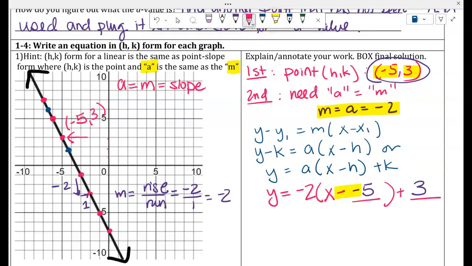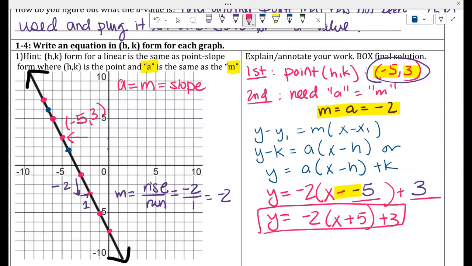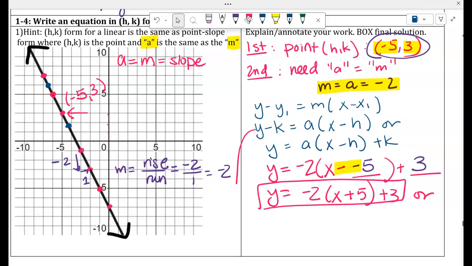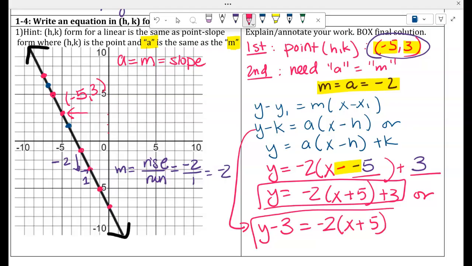So your final answer is going to be y equals -2 times x plus 5, and then plus 3. This is going to be your hk form for your line, okay? So now if you don't want to move the k to the other side, then you can use this form right here, guys. It's going to say y minus k, because k is 3, so y minus 3 equals -2 times x plus 5, and this is also okay to have.